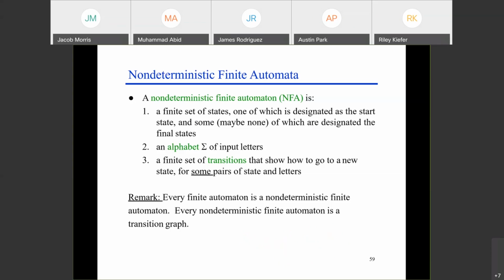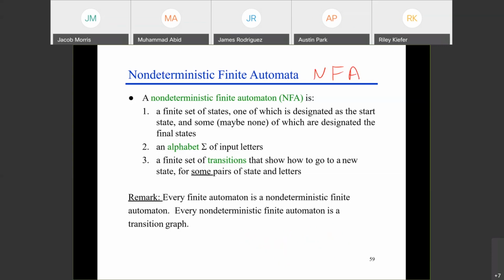So far, you see that you can represent a regular language by regular expression, by FA, and by TG. Now, this is another way of representing the regular language, which is called NFA, non-deterministic finite automata.